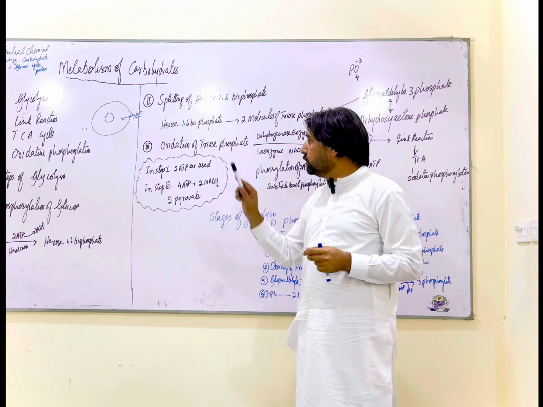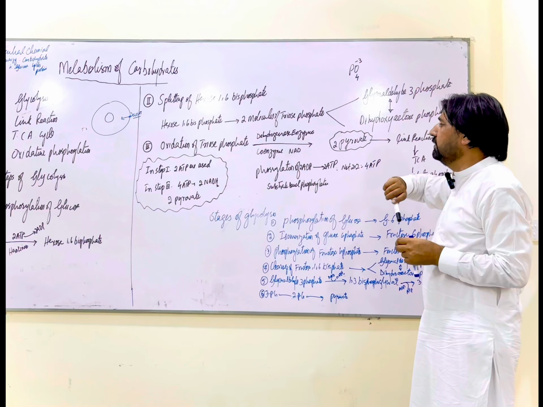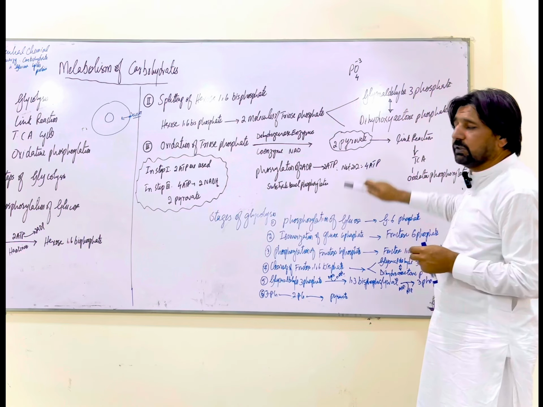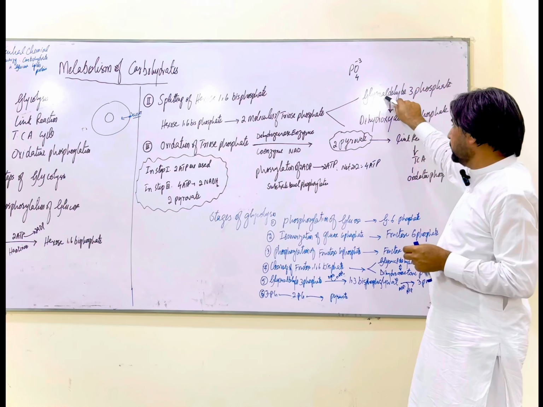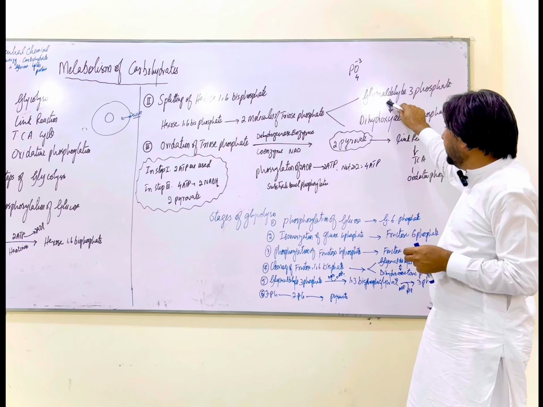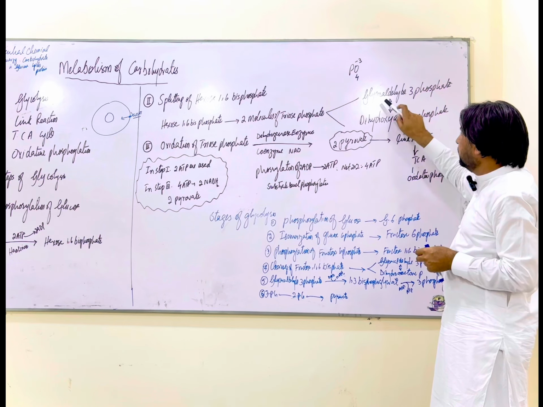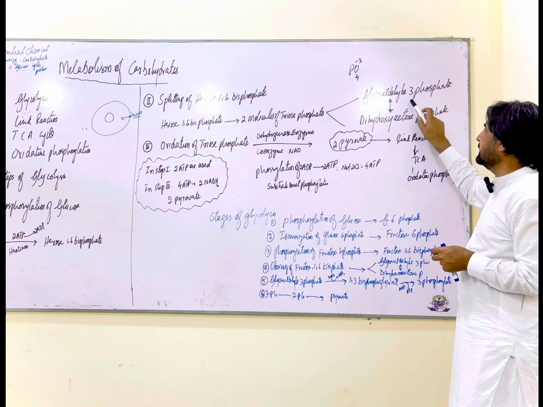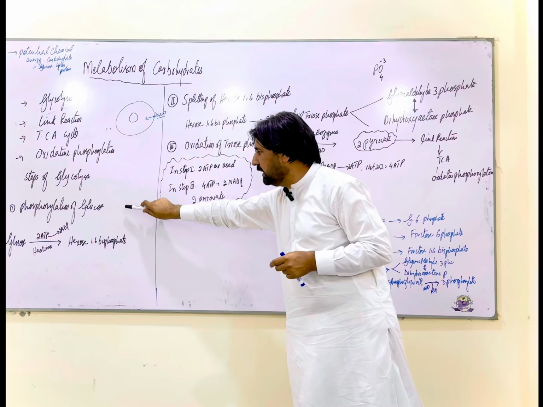One is known as glyceraldehyde 3 phosphate, and the other is known as dihydroxyacetone phosphate. They are interconvertible. One can be converted to the other, but for use in the next step, glyceraldehyde 3 phosphate will be used up.